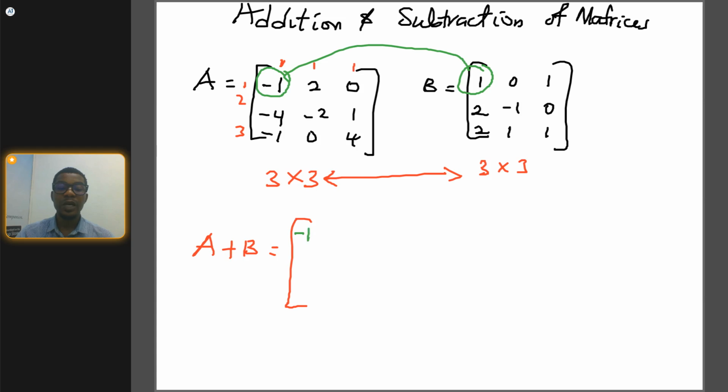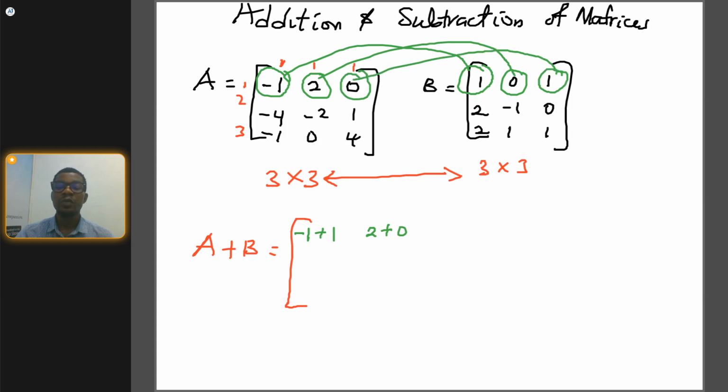This -1 will be added to the corresponding one, which is 1. So we have -1 plus 1. Next, 2 will be added to the corresponding 0, that is 2 plus 0. And 0 will be added to the corresponding 1, that is 0 plus 1. Now for the next row, -4 will be added to the corresponding 2, that is -4 plus 2.